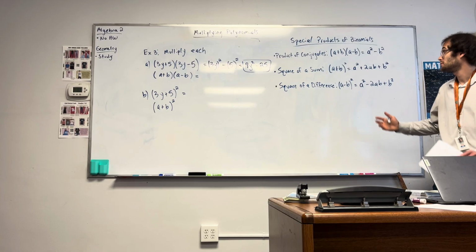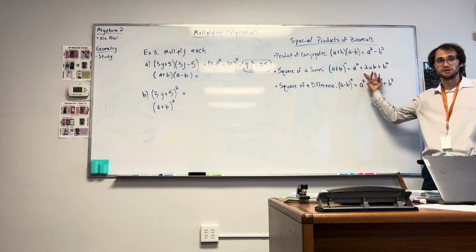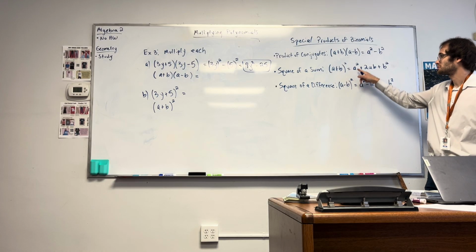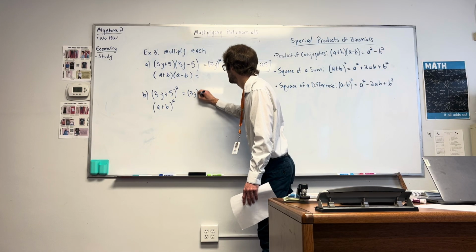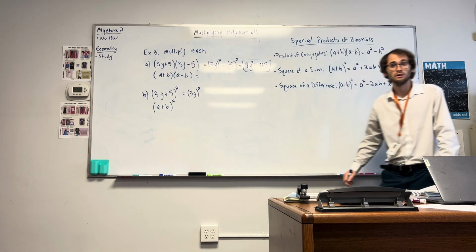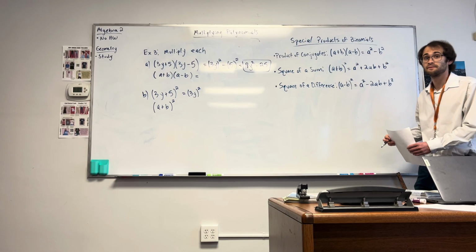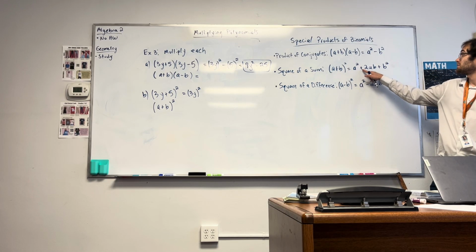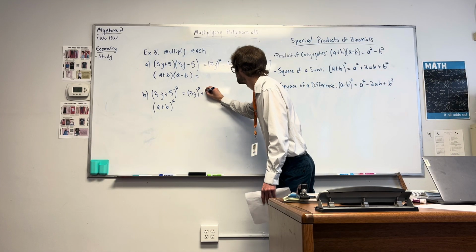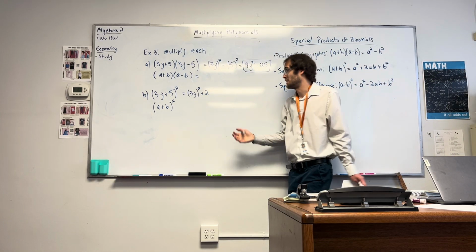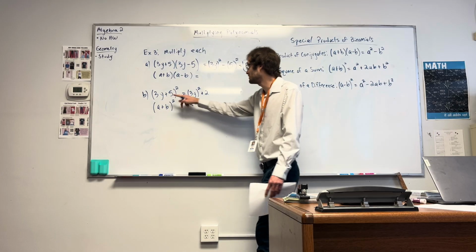So all I have to do is follow this formula. Very handy. I just square the first term, so 3y, all squared. You always have this plus 2 as part of it. And I just got to multiply that 2 by my first term and my second term.